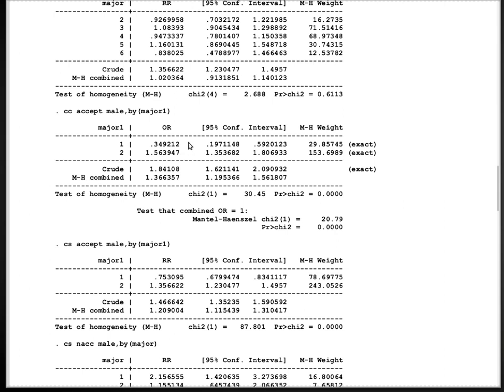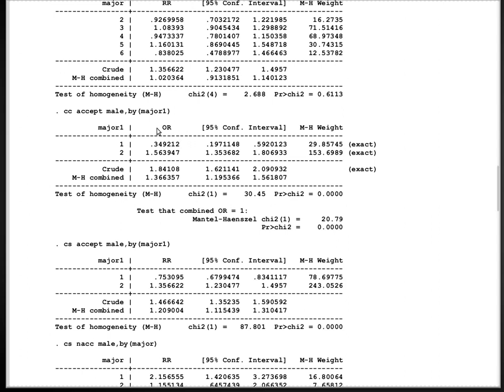For reasons that would require some study, in the group of persons applying to major number 1, in fact, it is the reverse. It is the women who are receiving higher admission rates than the men are.